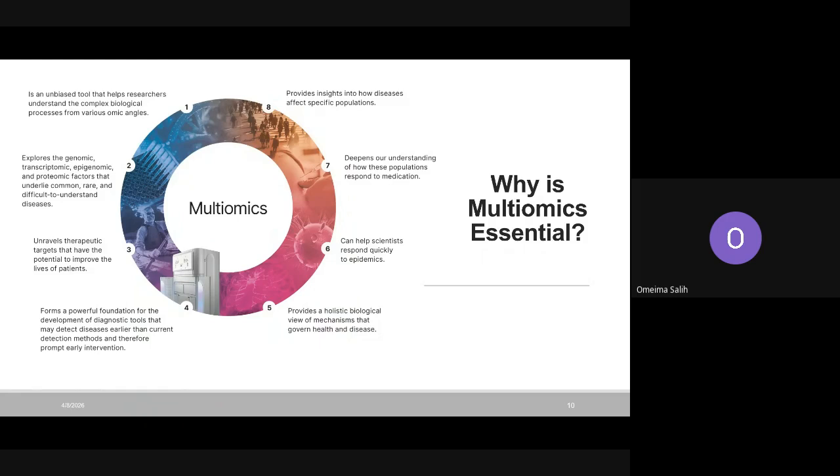It gives more insight about the population, genetic makeup, proteome makeup, and so on. So at the end, the most important benefit is the study of single molecules that could be part of precision medicine.